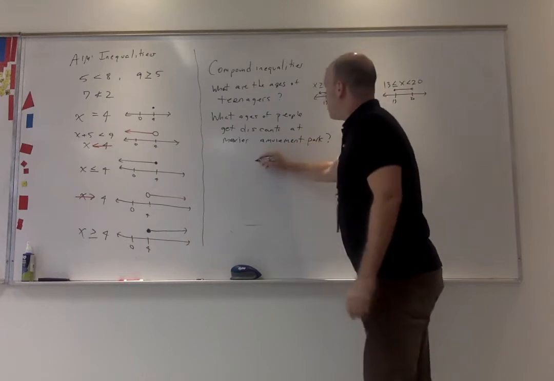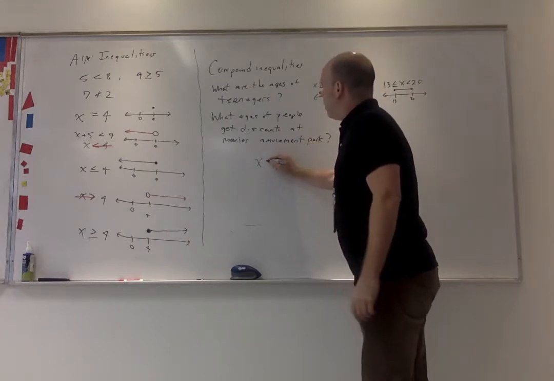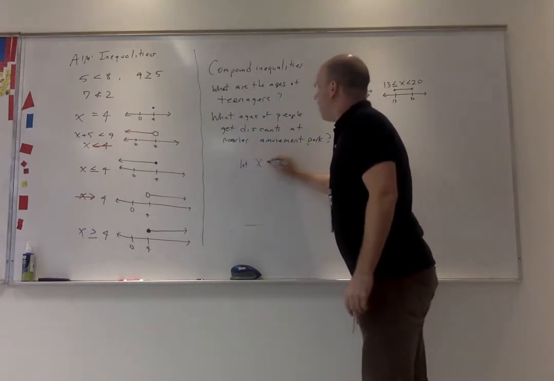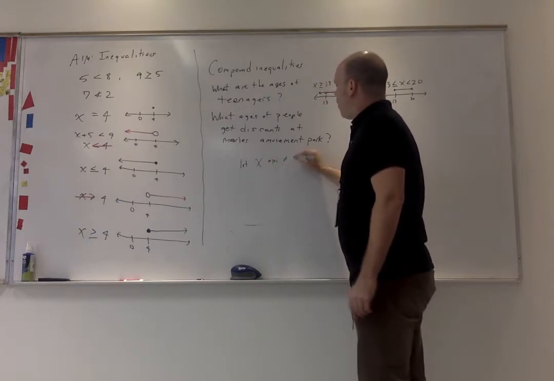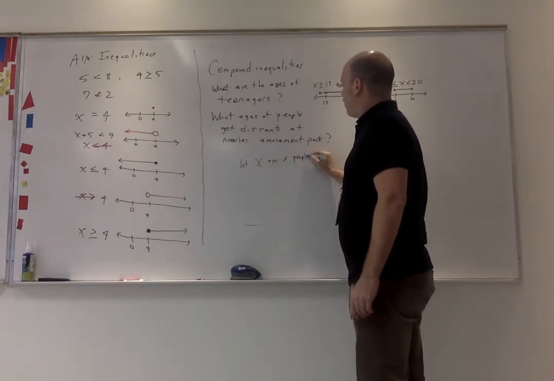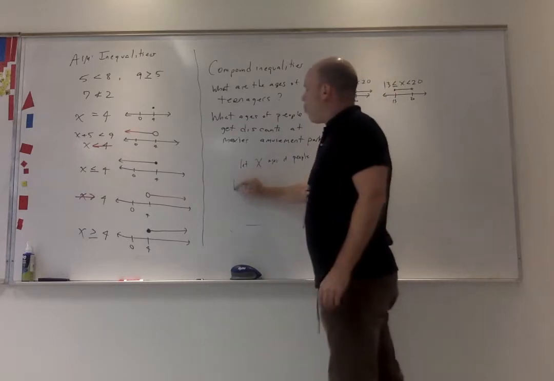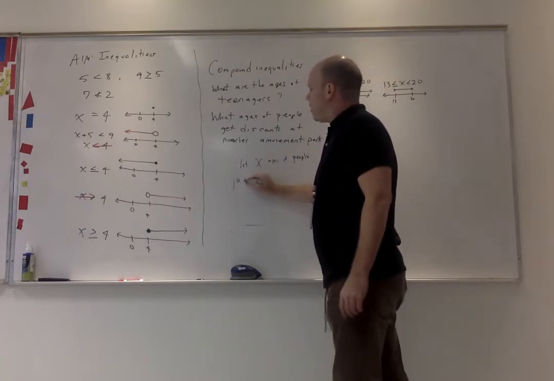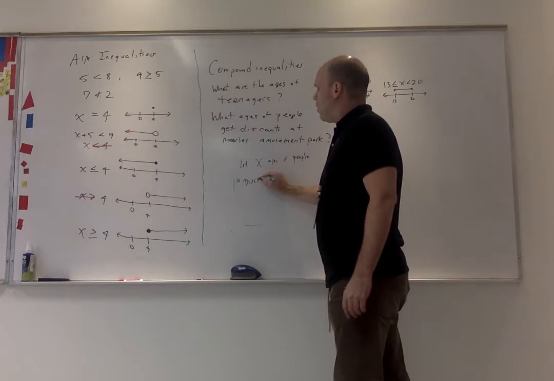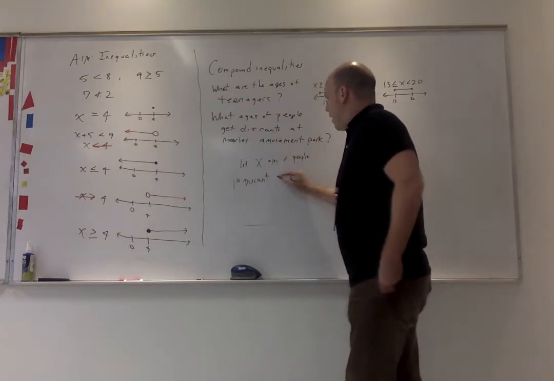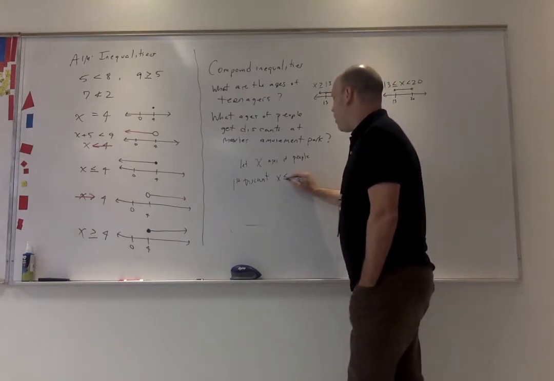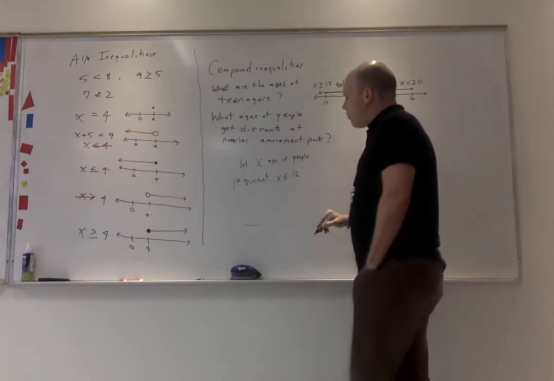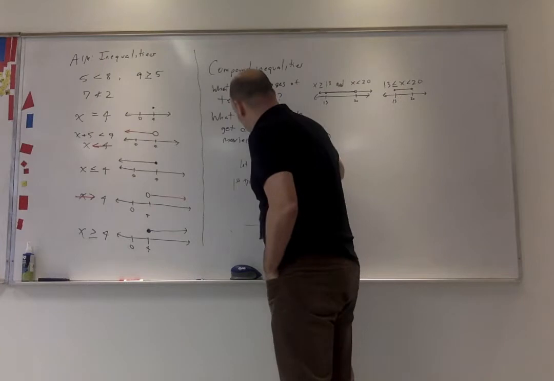So you might say, let x be the ages of people. And so the first group who gets a discount is x less than or equal to 12.